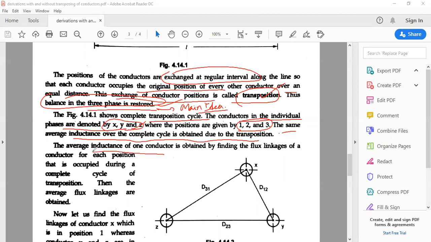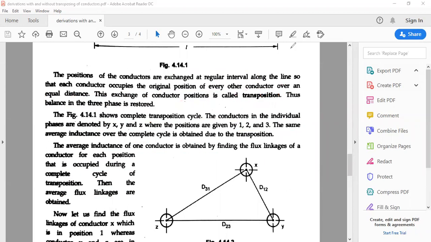The average inductance of one conductor is obtained by finding the flux linkages for the conductor at each position occupied during a complete cycle of transposition. Then the average flux linkages are obtained. So that's the clear-cut scenario that we can follow.